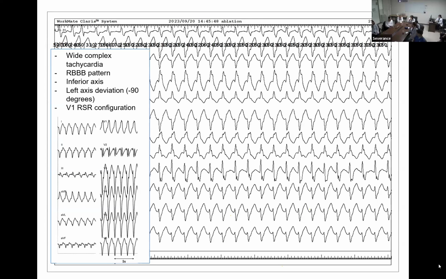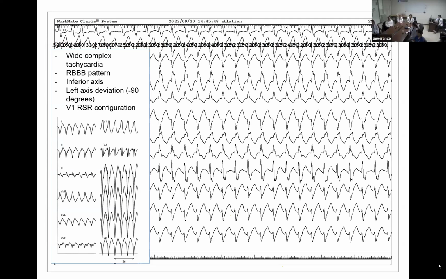A few times we tried from the right atrial side, and later we stopped because it was easily induced from the other side. Every paper says fascicular VT is induced from the right atrial side, and we have had 10 patients with fascicular VT, many of them with good inducibility from the right atrial side, but this patient I couldn't induce from the right atrial side.